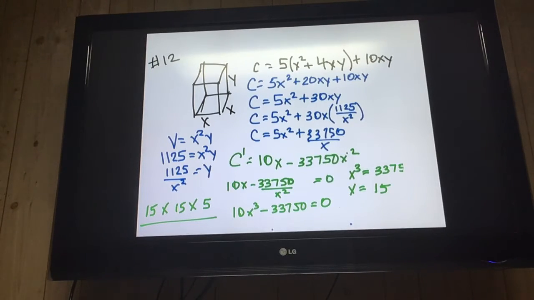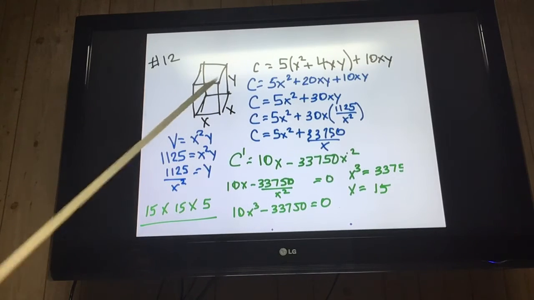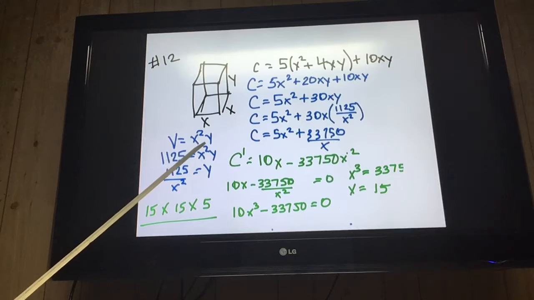I want you to write down as much as you can as I go. 1,125, and the volume of a square prism is length times width times height. They tell you that the base is a square, so that means both sides are x, and my height is y. So my volume equals x squared y.